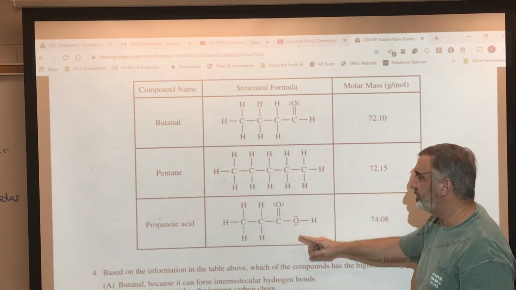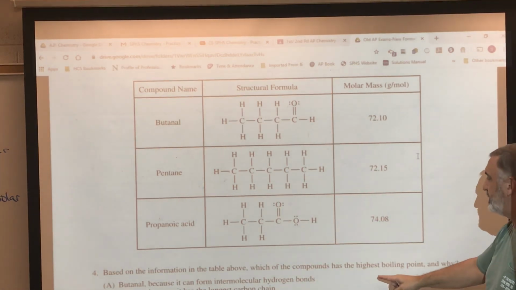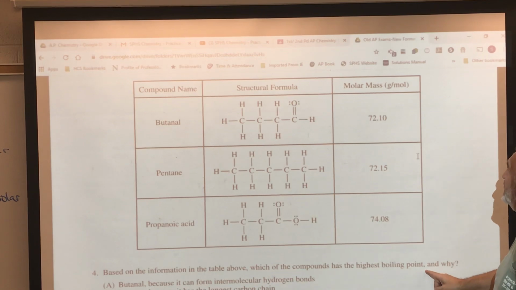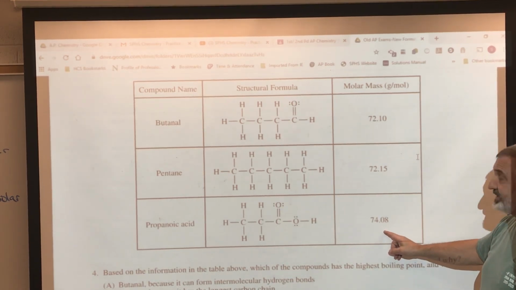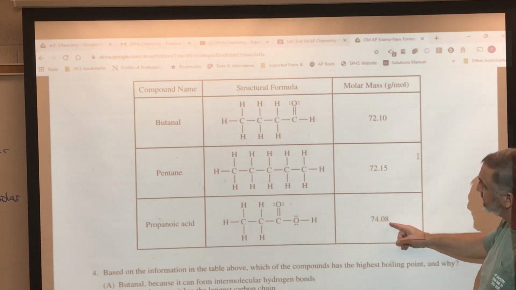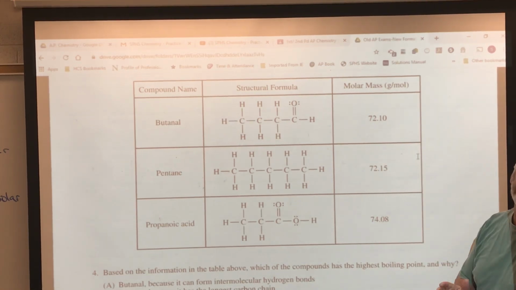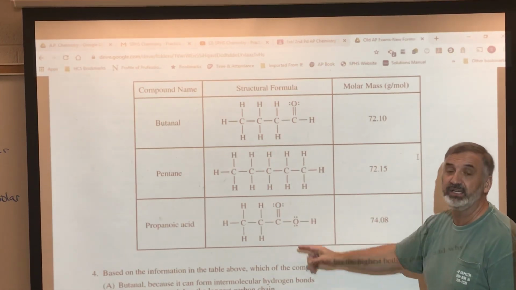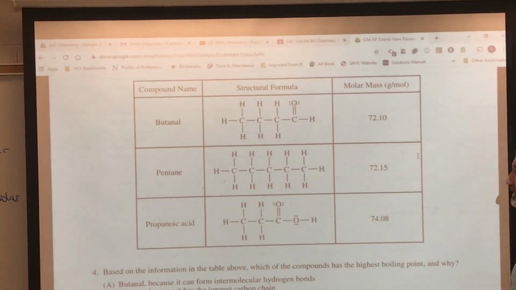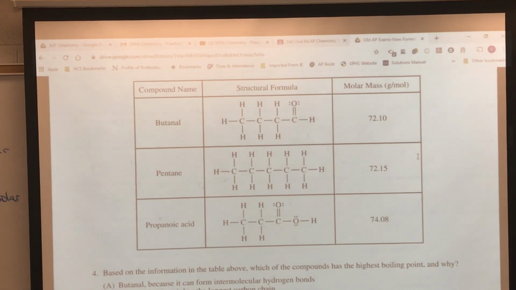So based on the information in the table above, which compound has the highest boiling point and why? Well, we're going to pick propanoic acid because number one, it's got the greatest molar mass, so in a small sense, it's got the stronger London forces. But because it can form the hydrogen bonds, it's going to have a much higher boiling point. So the answer is going to be hydrogen bonds.